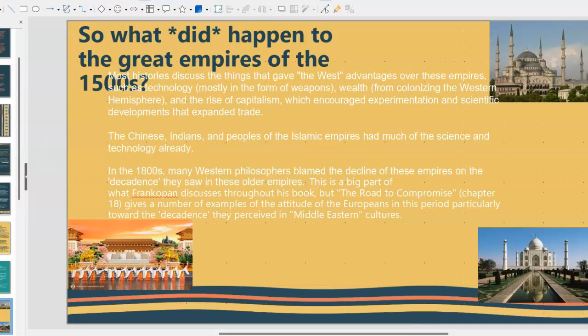So what did happen to the great empires of the 1500s? And again, this goes straight to Frankopan. It goes straight to Harari. It goes straight to this idea of Imperialism 2.0. The wealth gained by the West, as Frankopan would tell you, turns into technology and particularly into military weapons.